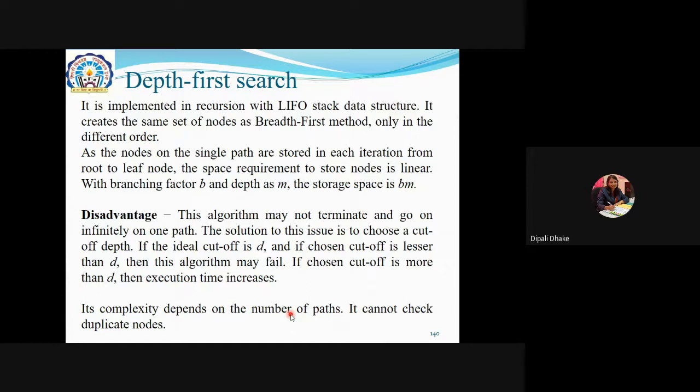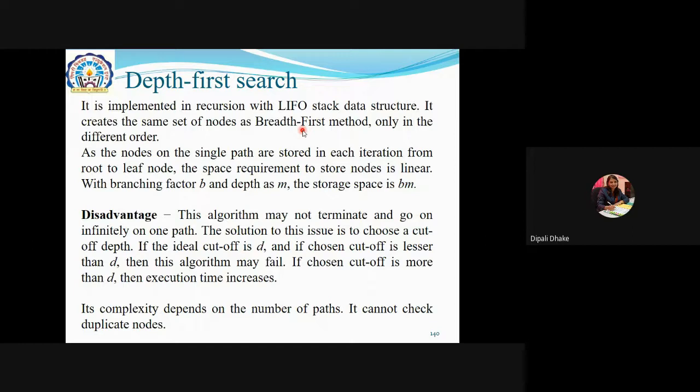Now we have a second searching algorithm, that is the depth first search. The word mentions it follows the depth. It's the opposite of shallow. So it names itself depth first search. It is implemented with recursion, using a LIFO stack data structure. The previous one was the FIFO queue.